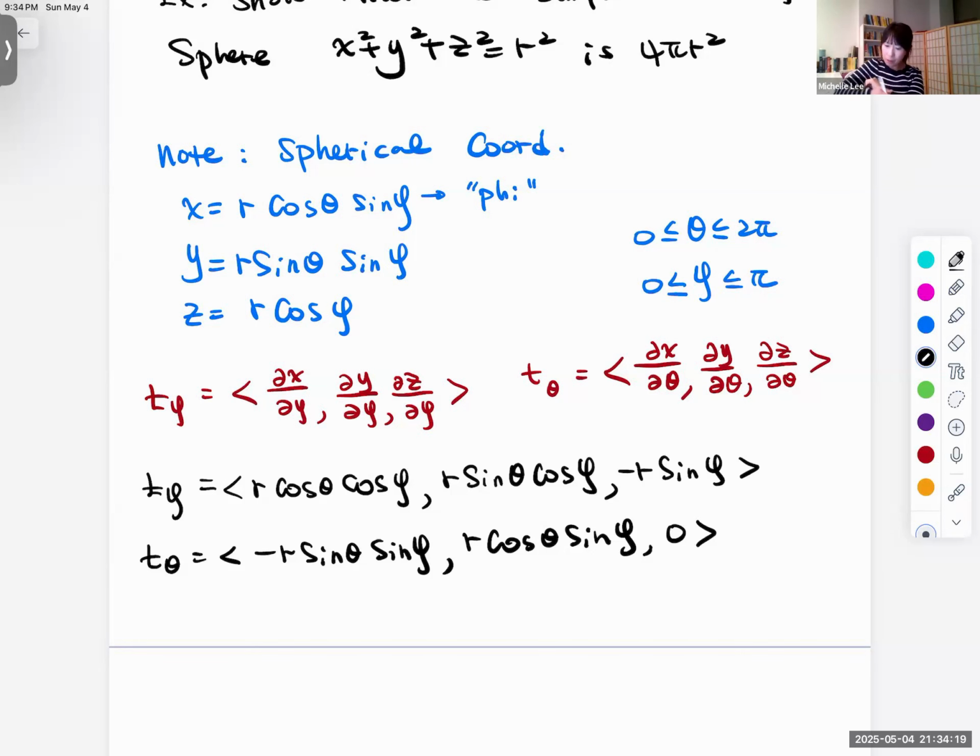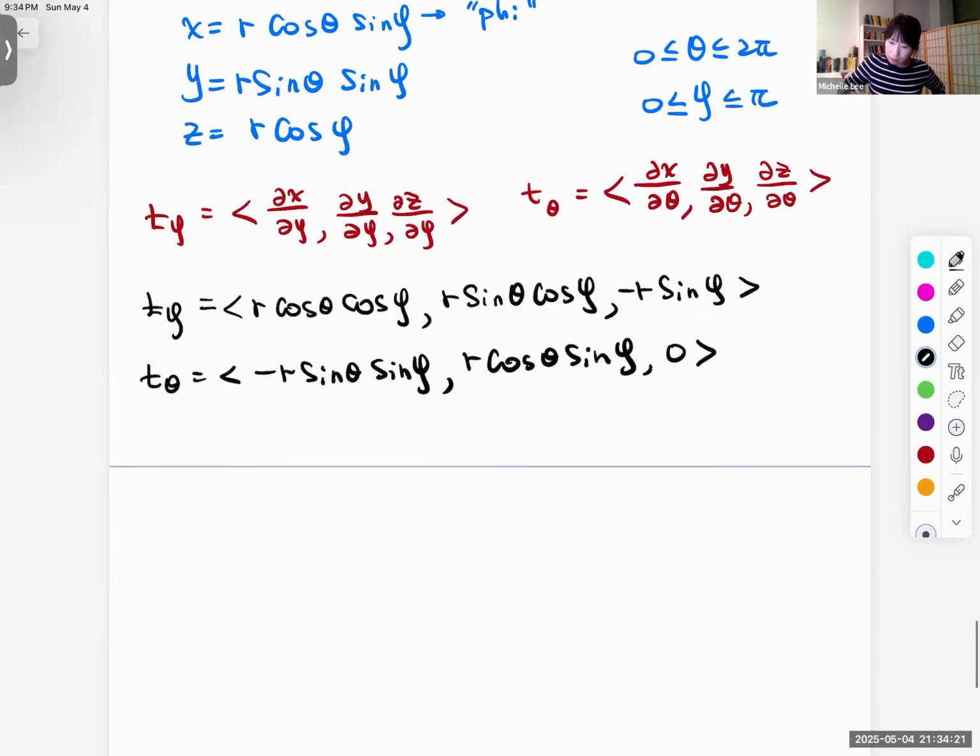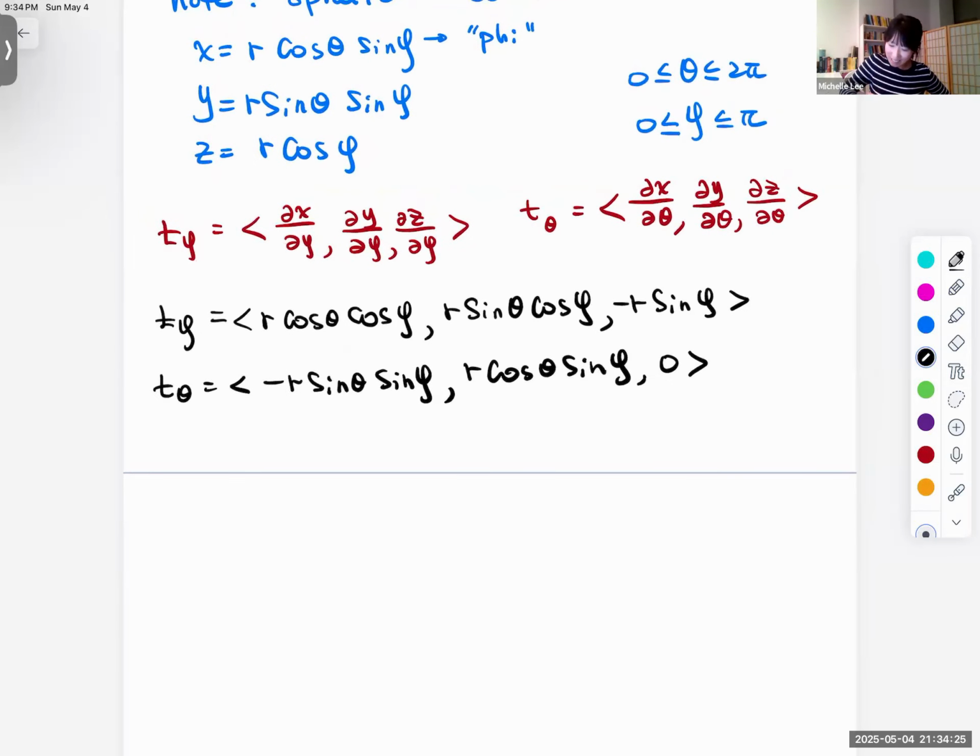Okay, cross product, a lot of work. So we make a cross product with i, j, k.